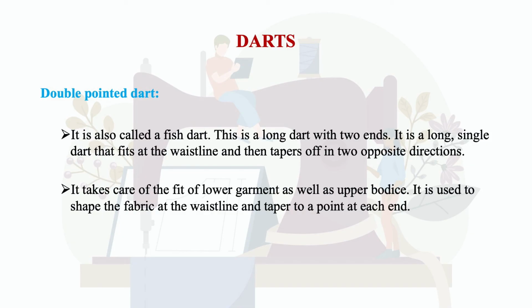Generally we use this fish dart on a one piece garment in which the upper body and the skirt are attached together. It takes care of the fit of both the lower and upper garment, so we do not have to make two different darts. We just make this one to give a good fit to the garment.